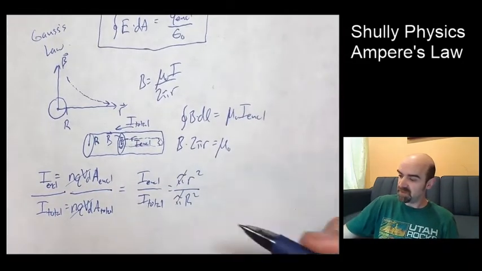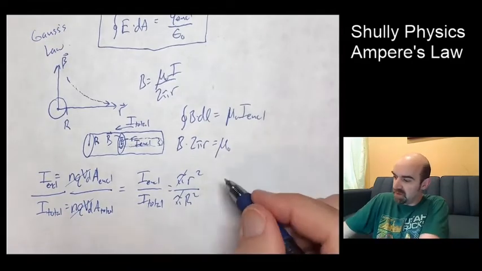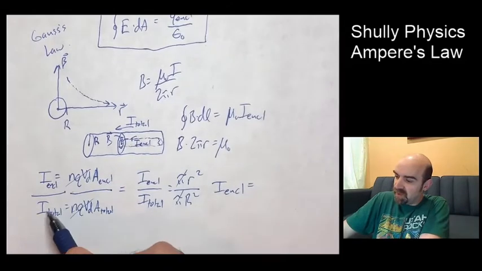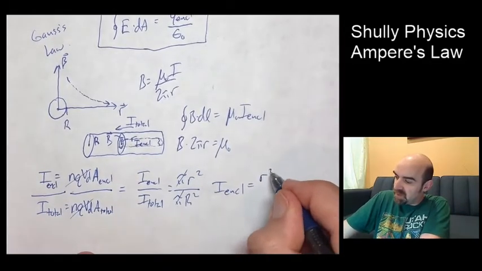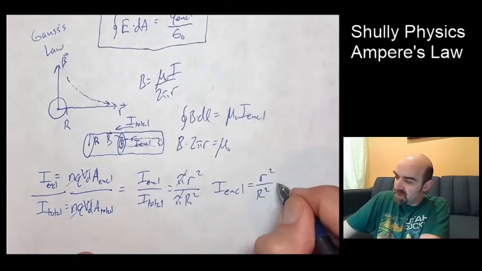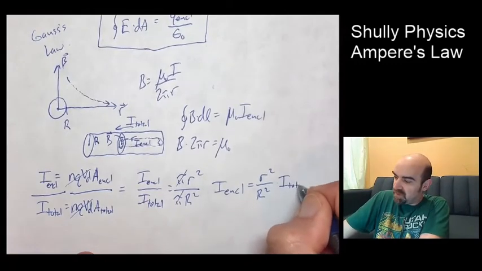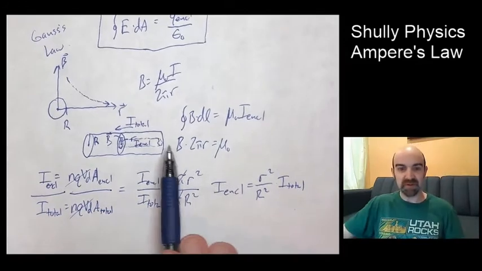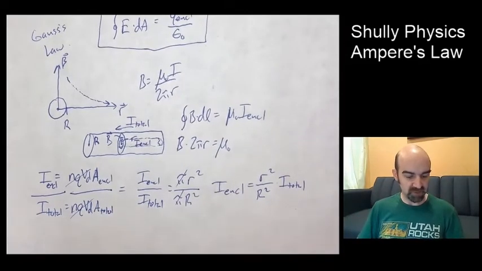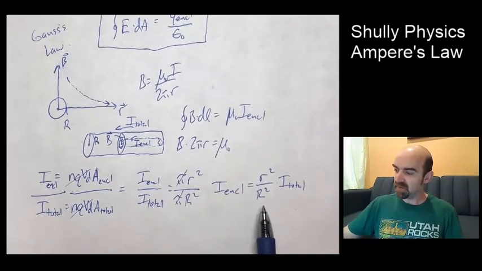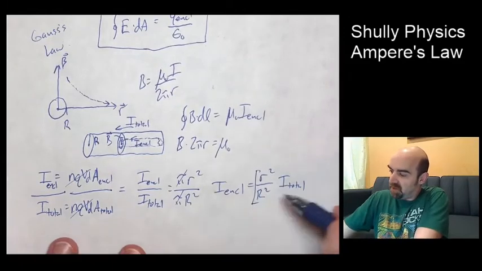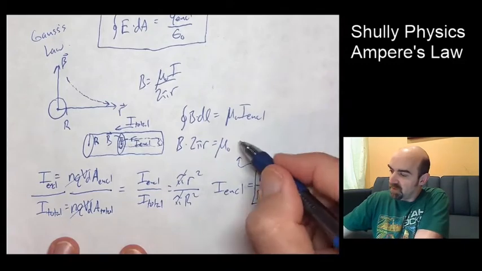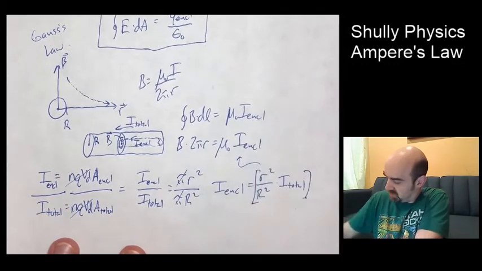Pi's cancel, and if we solve for I enclosed, multiply by I total, it is little r squared divided by big R squared times that I total, the current passing through the entire conductor segment. All right, so I have my ammunition here. We're going to plug this in right up here. I'll go ahead and do this on a separate sheet of paper.